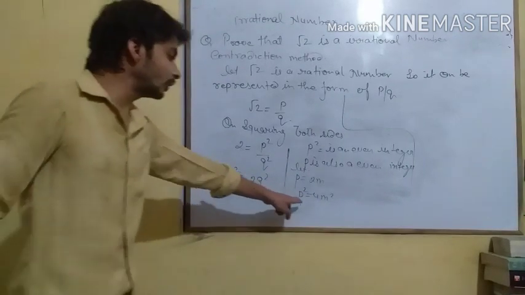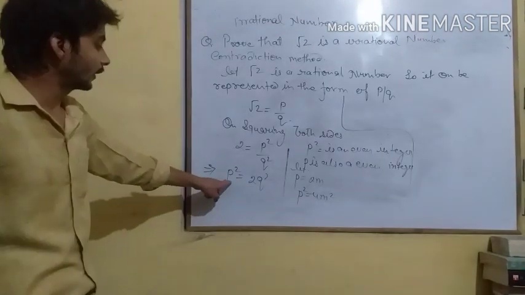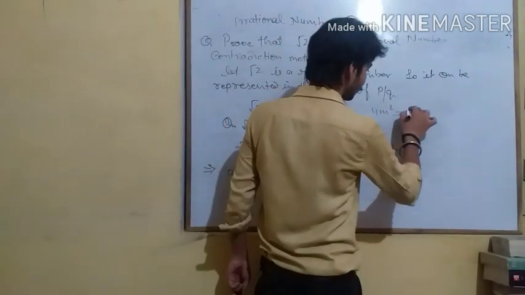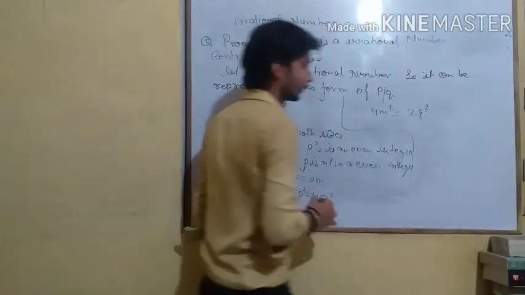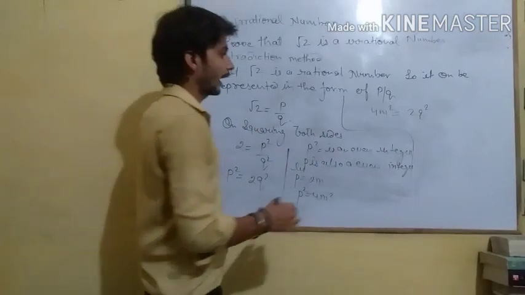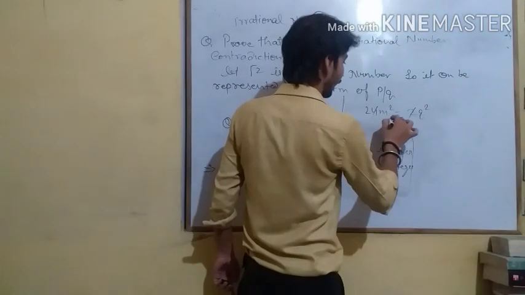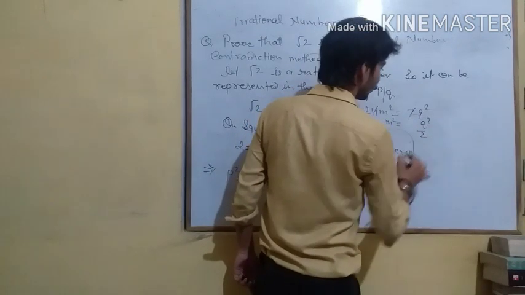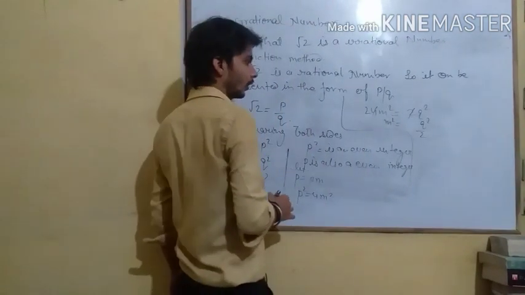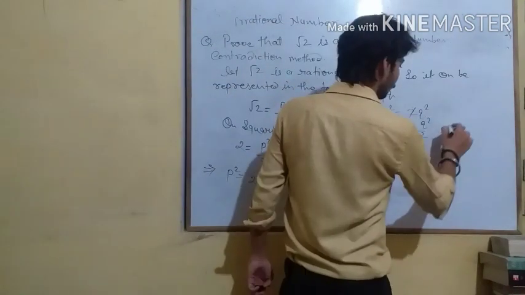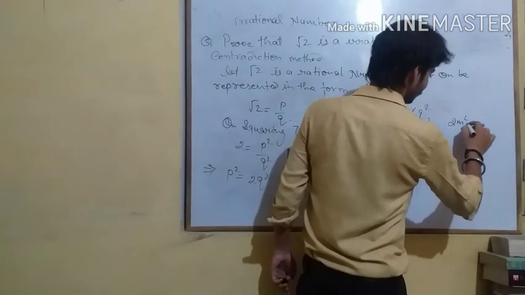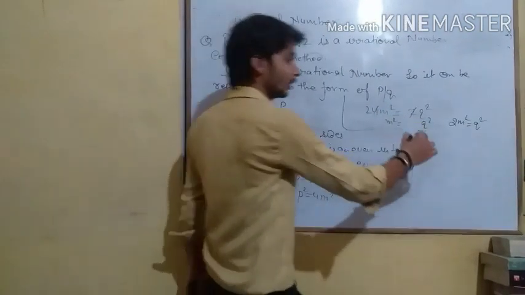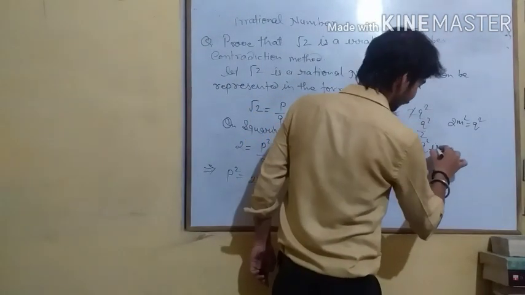Then we will put the value of p square in the earlier equation. We get 4m square is equal to 2q square. 2 2s are 4, and we get m square is equal to q square upon 2. Or we can say that 2m square is equal to the q square. It shows that q square is also an even integer.